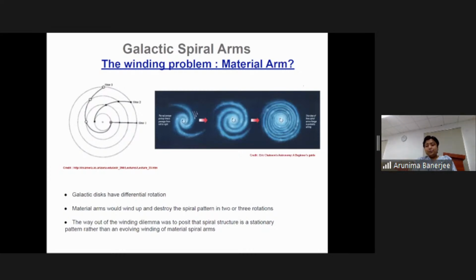So you can argue, maybe it's just a just-born state, and eventually it will get wound up. Who is preventing it from getting wound up? Maybe we are just looking at that epoch where it has a loosely wound form. But by indirect means, for example, from estimating the age of the stars and many other indirect diagnostics, we have come to the conclusion it's not a transient.